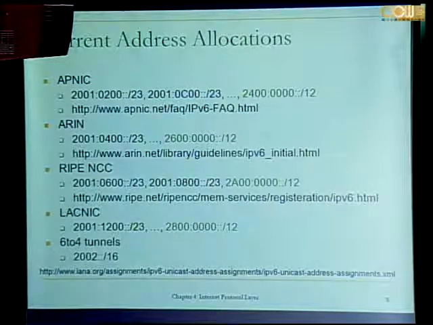Okay, the address space has been allocated to many regions, and in the Asia Pacific region, it's APNIC, and then under APNIC, it distributes and allocates the address to the NIC of many countries.